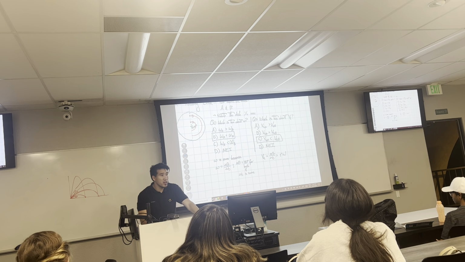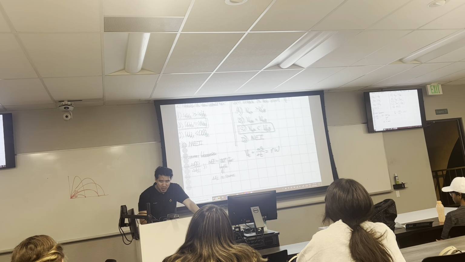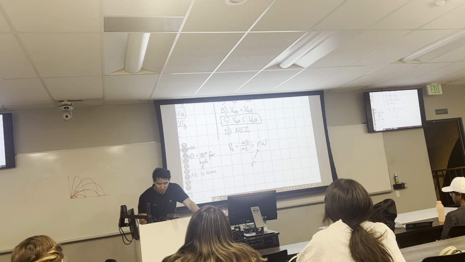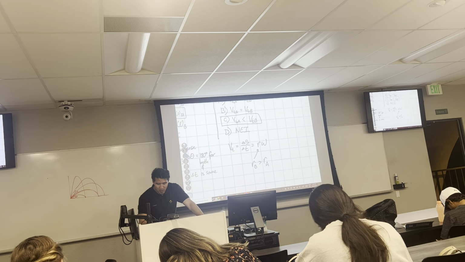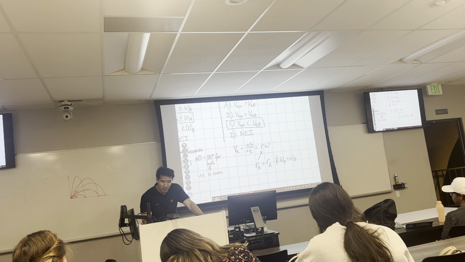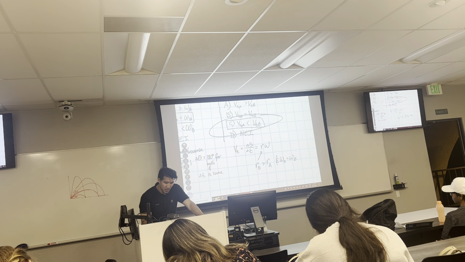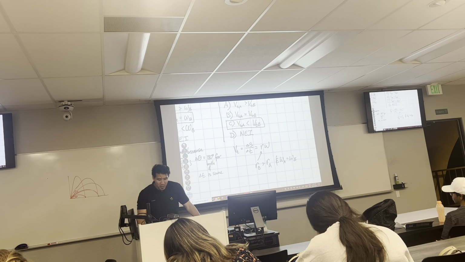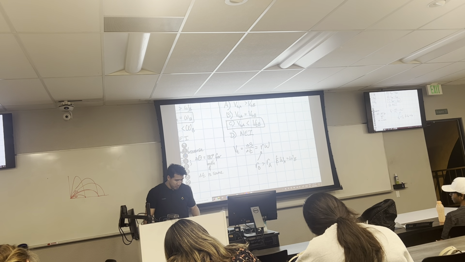The one with the larger radius for the circle would be B. So here RB is greater than RA, and omega A is equal to omega B. That's why it is C. The tangential velocity of B is greater than that of A.